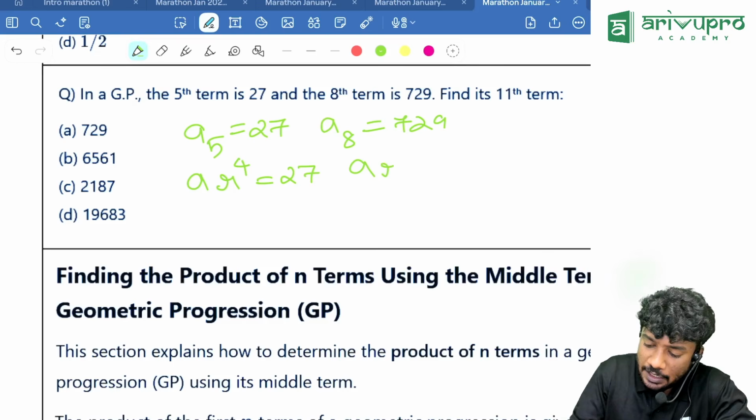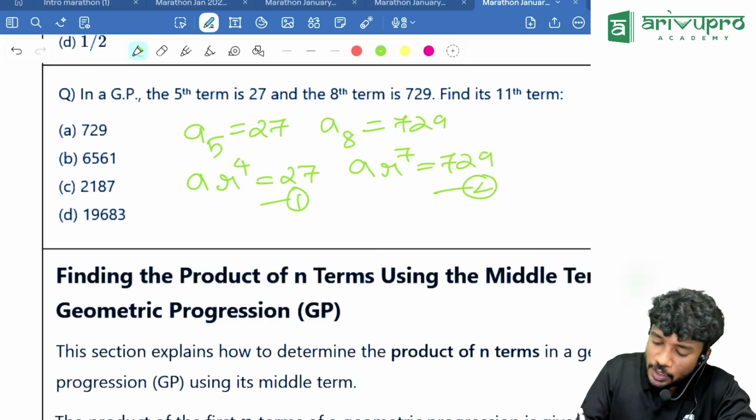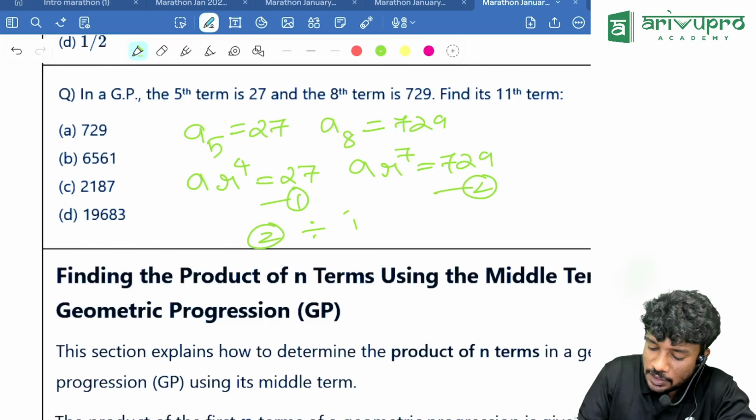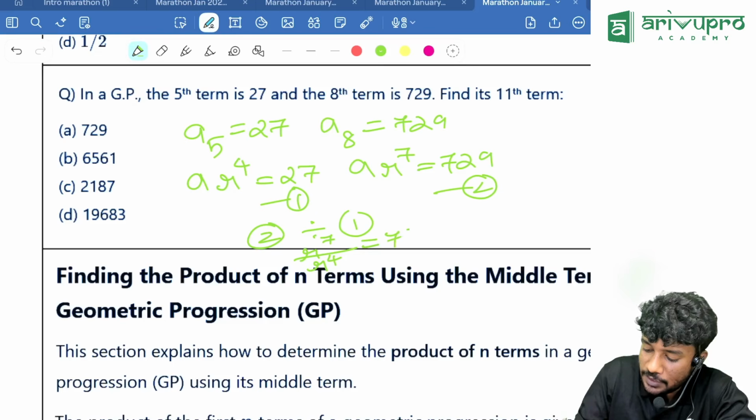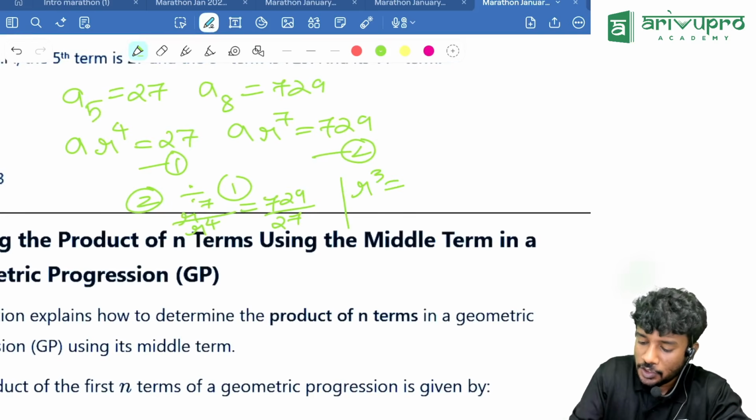A8 means AR raised to 7, which is equal to 729. This is equation 1, this is equation 2. Equation 2 divided by equation 1: R raised to 7 divided by R raised to 4 is equal to 729 divided by 27.